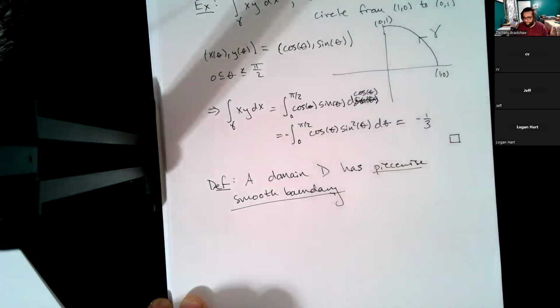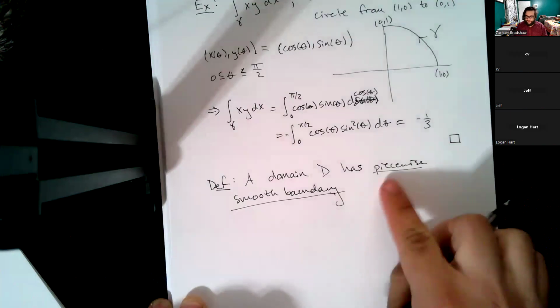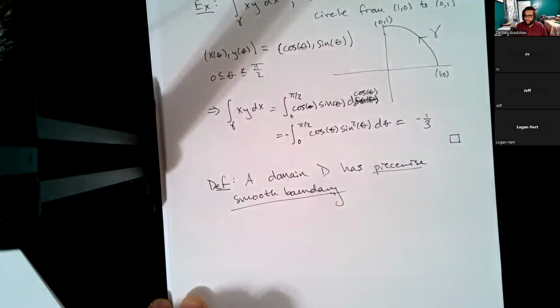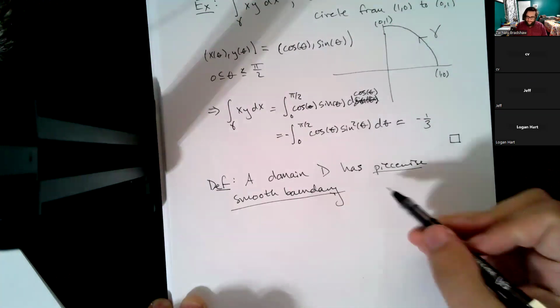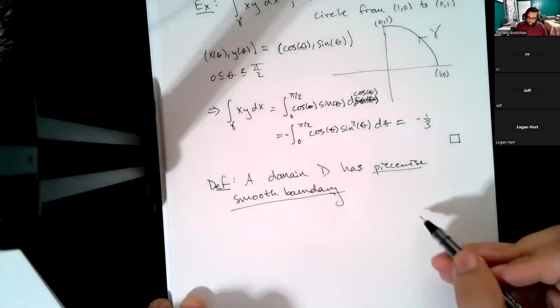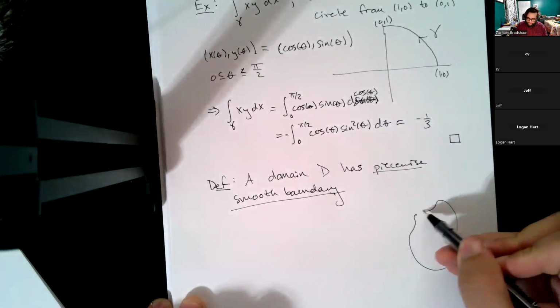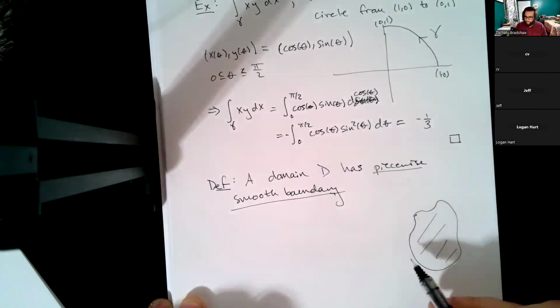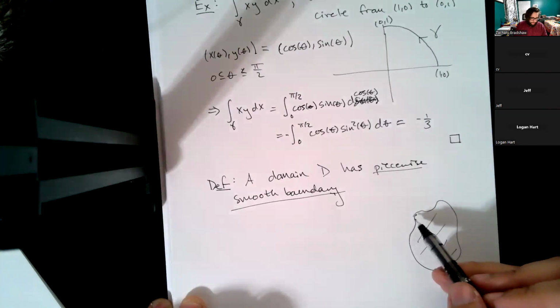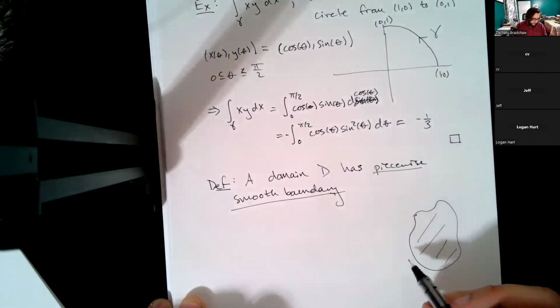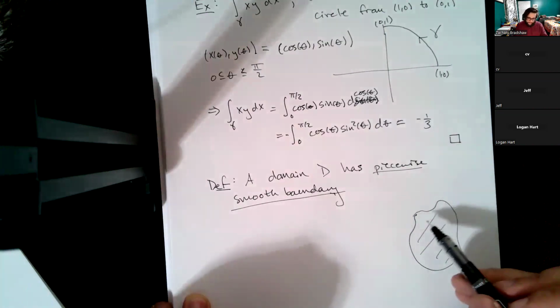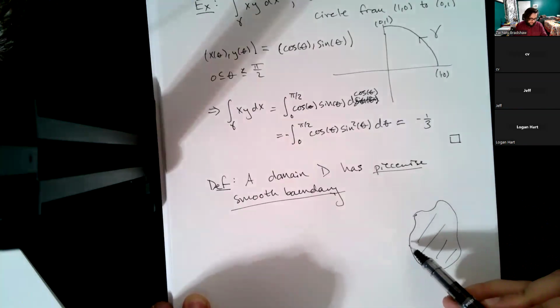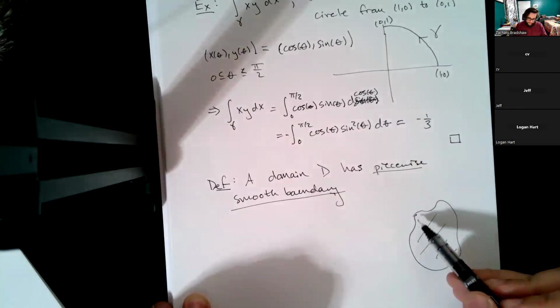So it possesses the property that this sounds like, right? When you take the boundary of this thing, so maybe it's something like this, the boundary would just be this curve that I drew. Well, you can always decompose it into a finite number of smooth curves, meeting only at endpoints.